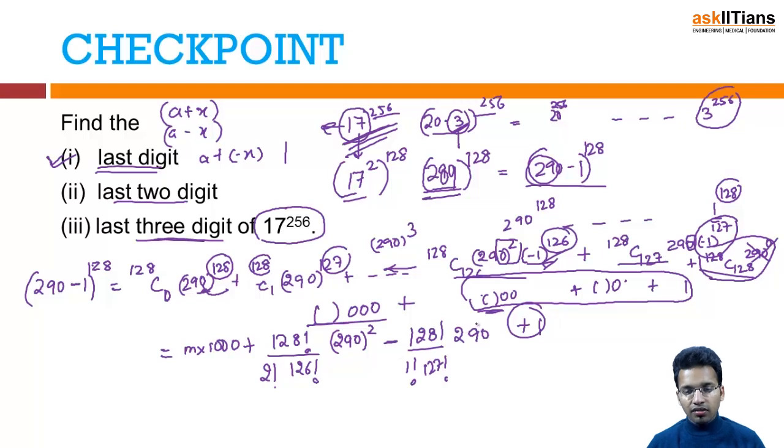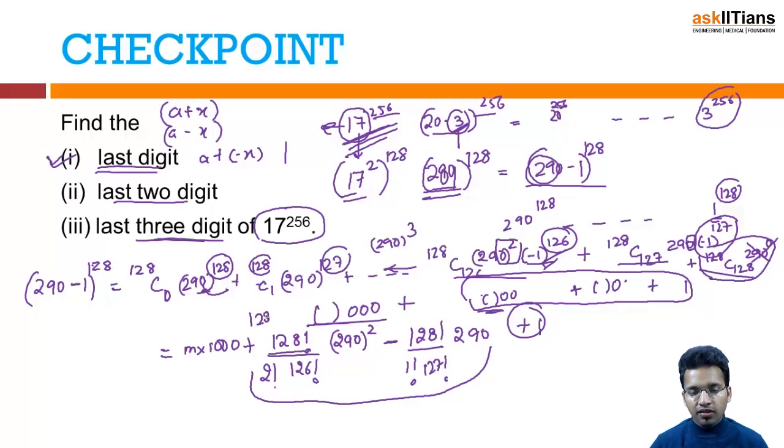Now just by solving these things, obviously this last term is being detected. The second last term we can just get by solving these two. Once you solve this, how will it solve? You can write 128 factorial as 128 into 127 into 126 factorial, and that will be getting cancelled. So this way you can solve this one.